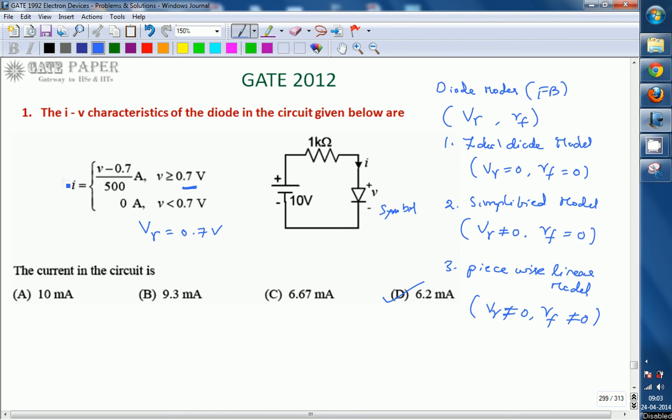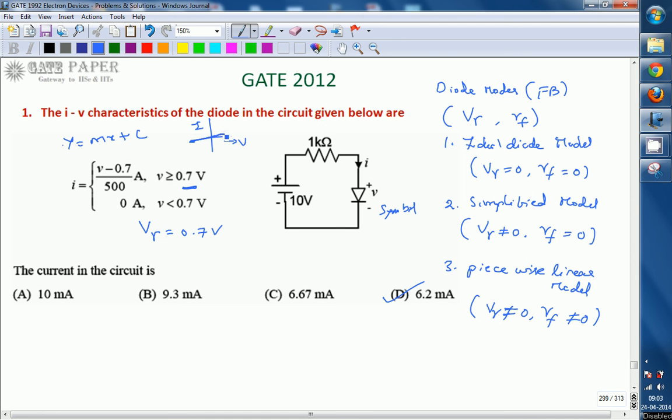And from this equation, I is proportional to V. Is it equal to Y equals mx plus C or not? Here Y is nothing but I and x is V, for this VI characteristics. So this relation is a straight line equation starting from V gamma.